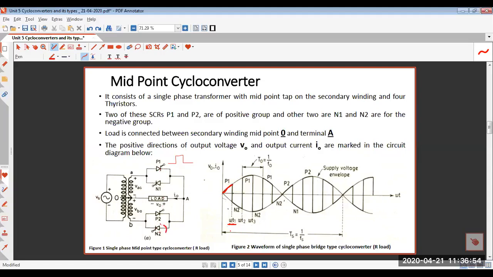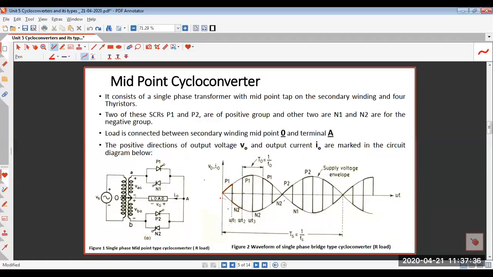So the next SCR of this pair, from P1 and N2, N2, is triggered at omega T1 by providing a sufficient pulse at the gate of this SCR. Then N2 is made to conduct for a certain duration. Then at omega T2, N2 is force commutated, and P1, which still is forward biased, can be triggered again.